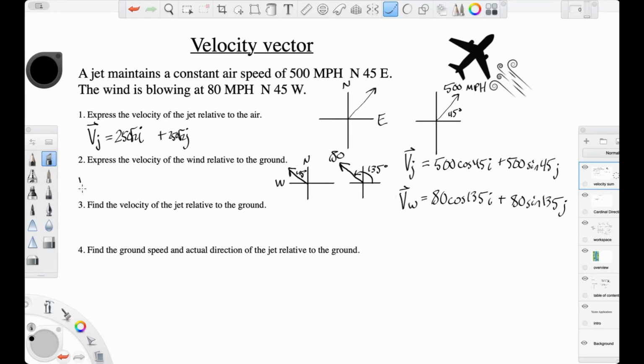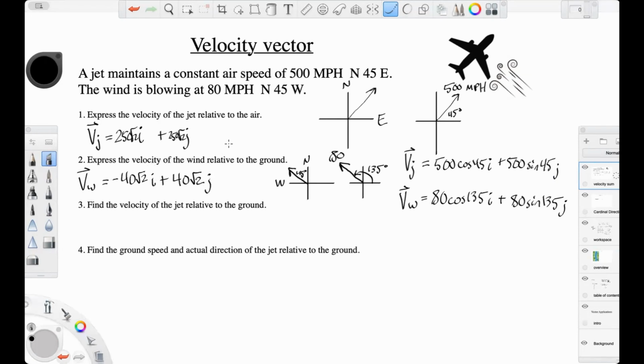If we plug this into a calculator or just know our unit circle values, cosine of 135 is negative root 2 over 2. So this is going to end up being negative 40 root 2 I. And then the sine of 135 degrees is positive root 2 over 2. So this is going to end up being 40 root 2 J.